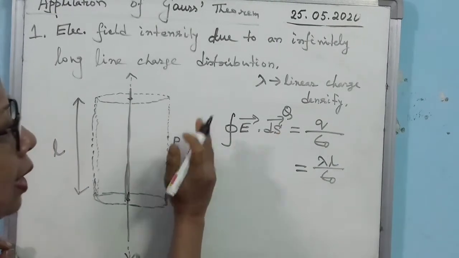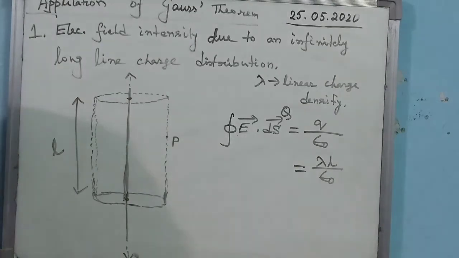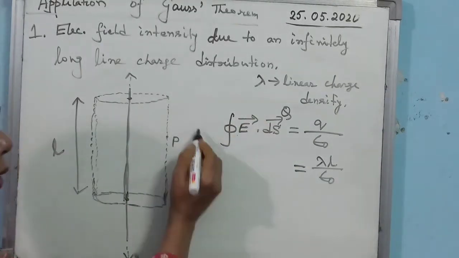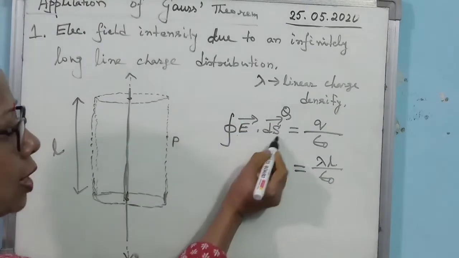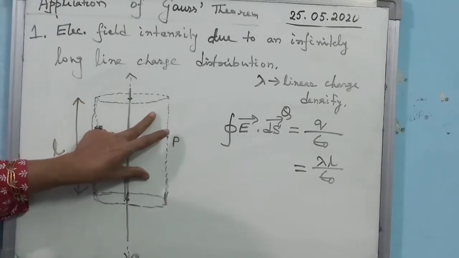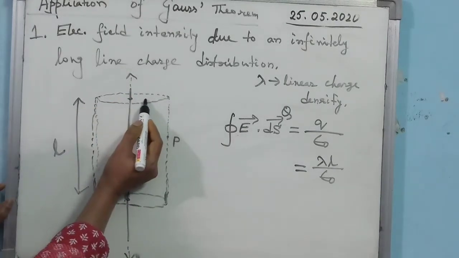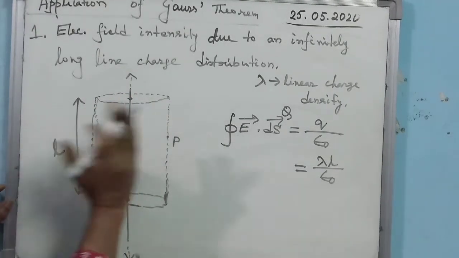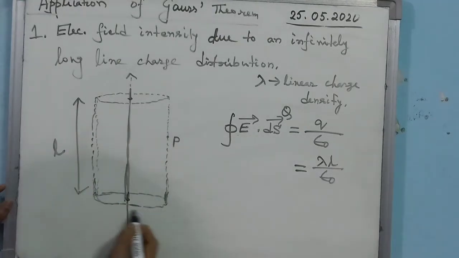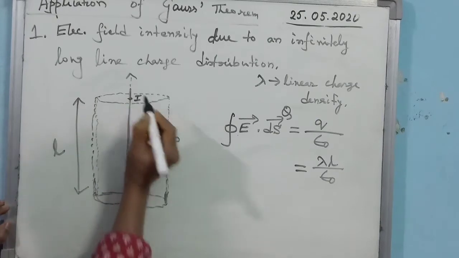Now, come to the left hand side. We have to find out the integration of E·dS. Means, if I want to apply this, we have to choose a small surface dS. Now look at the cylinder. The cylinder has three prominent surfaces: the upper circular surface, the second one is the curved surface, and the third one is the bottom circular surface. So let us name the surfaces like this.